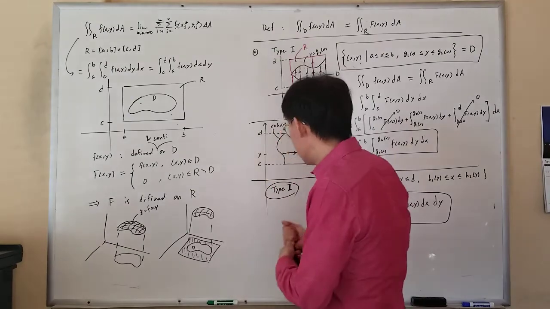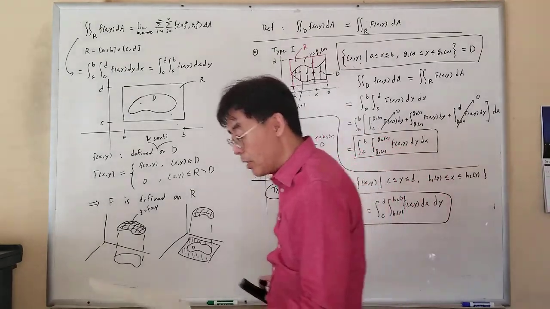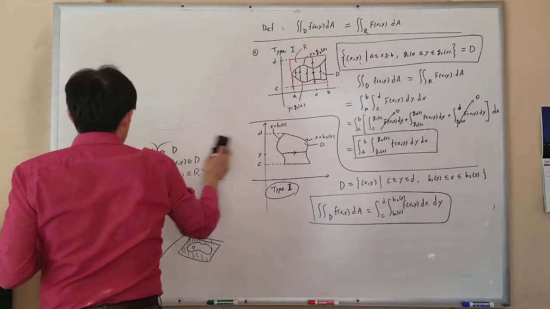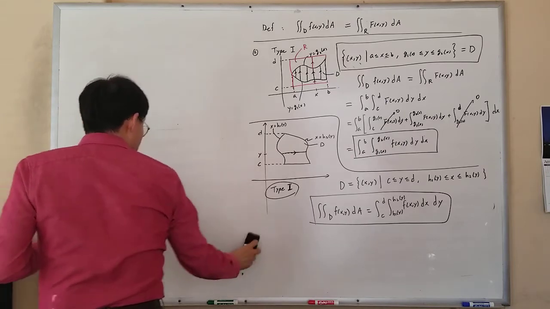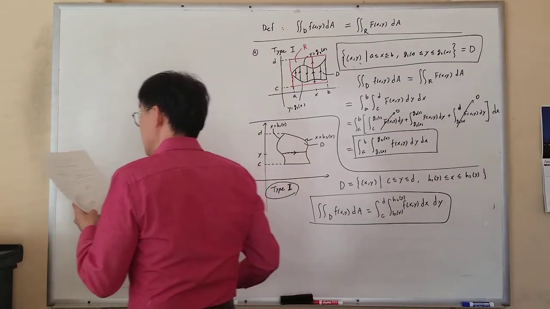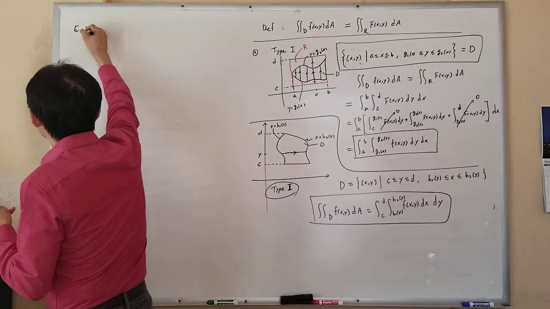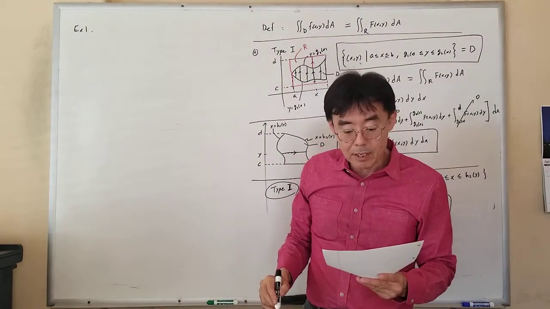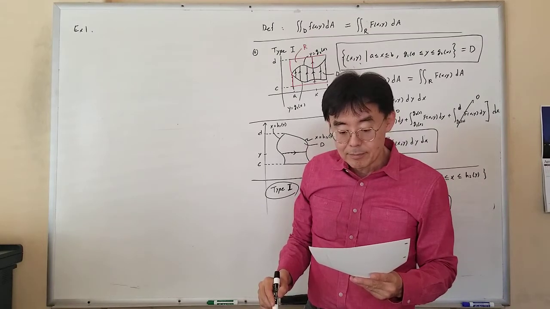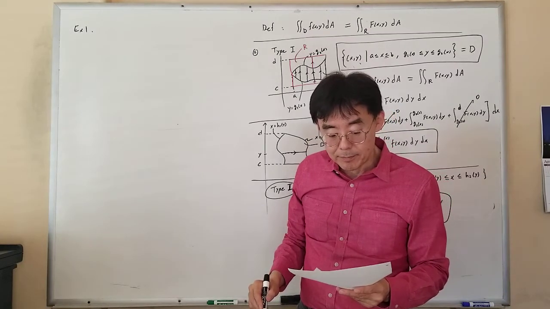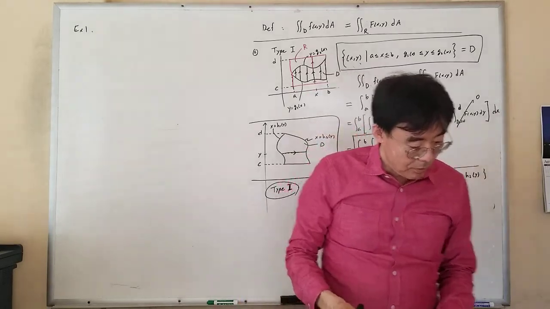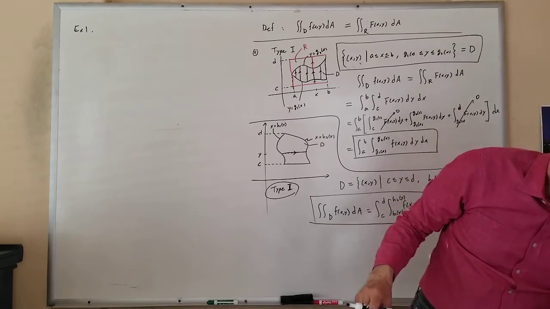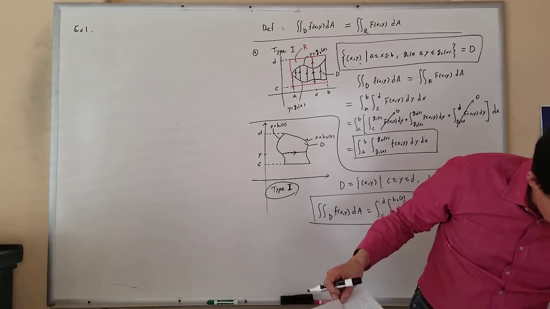So let's do some examples here. Example 1: find the volume of the solid that lies under the plane and above the region bounded by y equals x squared and y equals x.